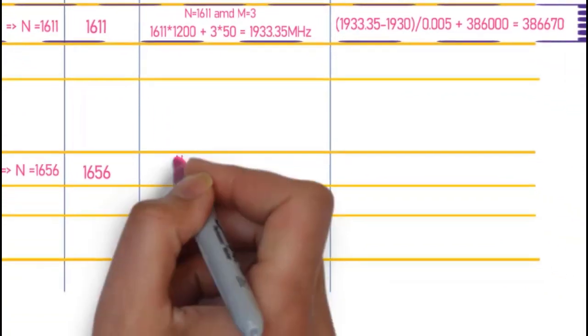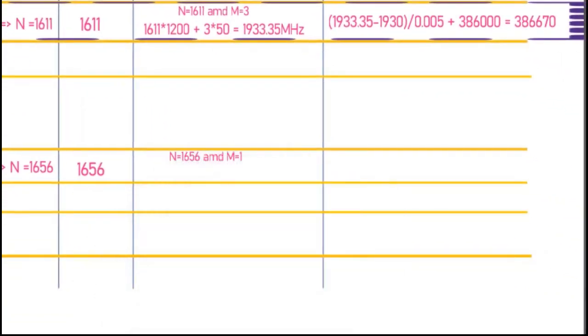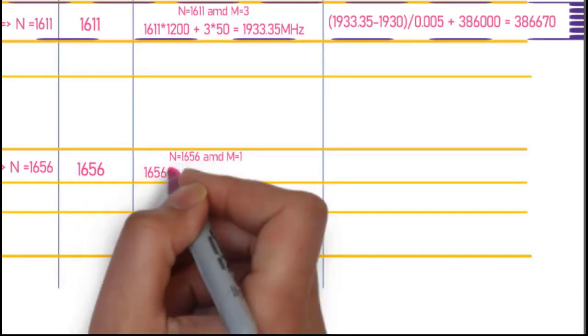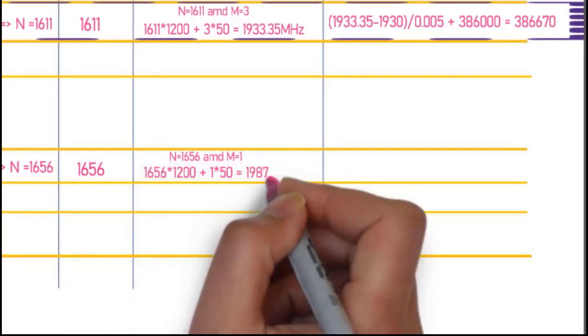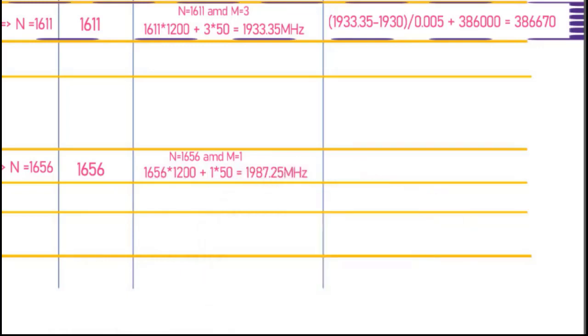Now n is 1656, m is equal to 1, then the SSREF frequency location is n into 1200 plus m into 50. Putting in the n and m values, it comes to 1987.25 megahertz. Now what will the AFCN value be?